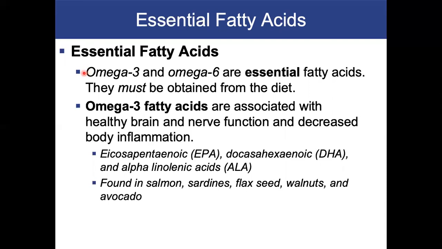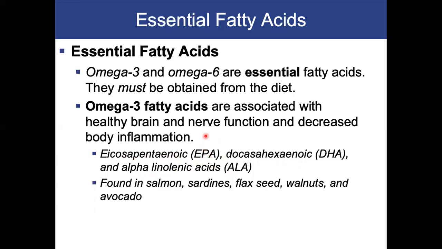Omega-3 fatty acids, which you've heard, and omega-6 fatty acids are essential, meaning they must be obtained from the diet. Omega-3 fatty acids are associated with healthy brain and nerve functioning and decreased body inflammation. Here are your omega-3 fatty acids. So EPA, which is eicosapentaenoic acid, DHA, which is docosahexaenoic acid, and ALA, which is alpha-linolenic acid.